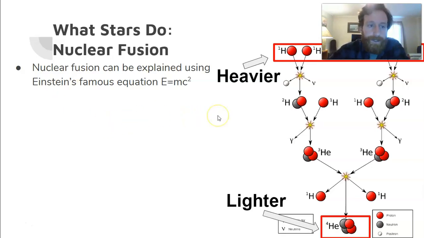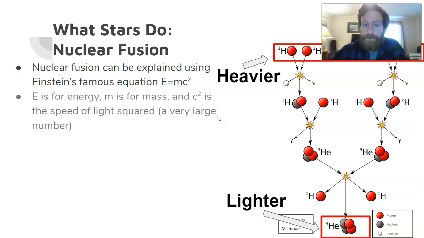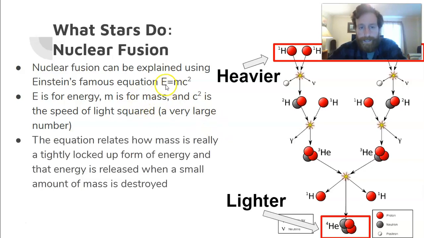Nuclear fusion can be explained using Einstein's famous equation E equals mc squared, where E stands for energy, m is for mass, and c squared is the speed of light squared, which is a very large number. So just in that equation, we can see that we're relating energy to mass through this concept of light. It's a very elementary explanation of that equation.